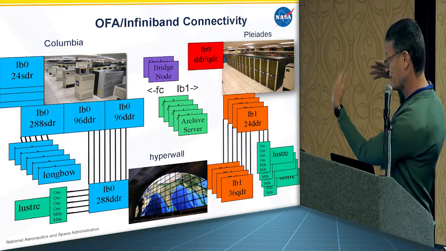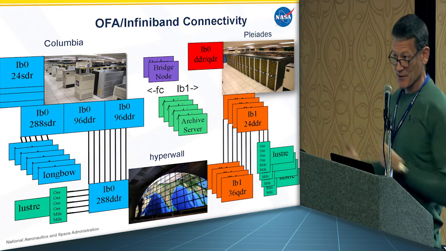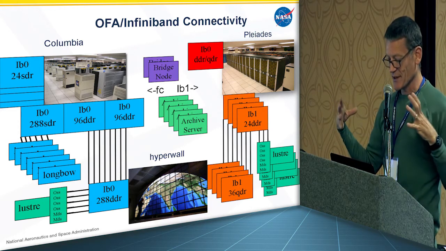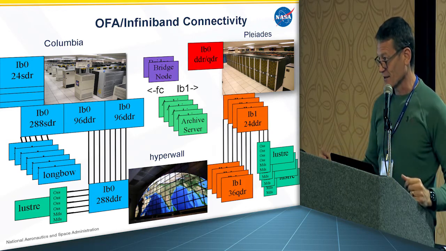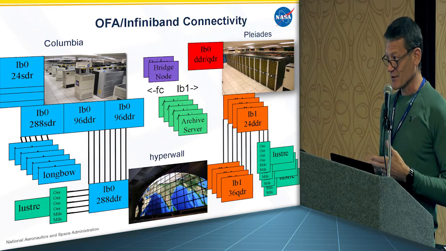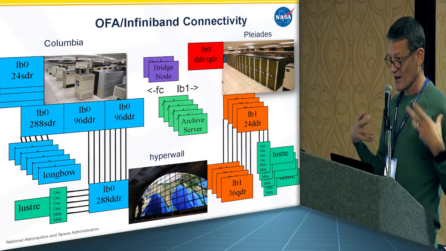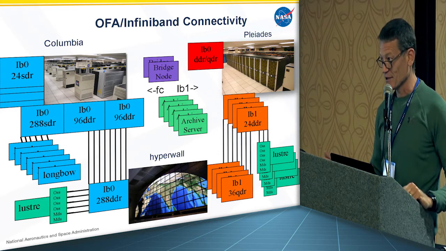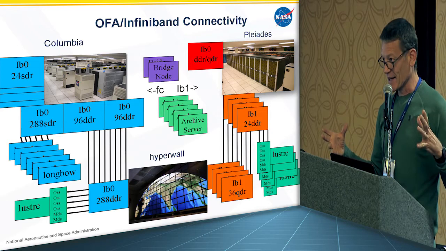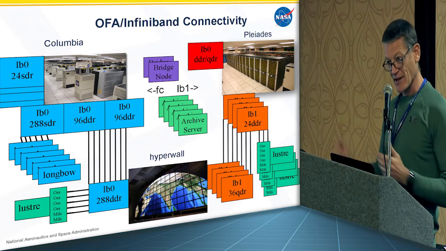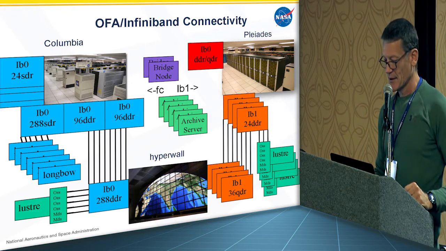Then we moved to Pleiades to connect Pleiades and the Hyperwall and all these systems. But this was a very diverse, heterogeneous network. It had InfiniBand, Fibre Channel, Ethernet, 10 gig Ethernet, a lot of different types of very expensive switching technology, very complicated to maintain, and we had to have expertise in all of them to operate this.